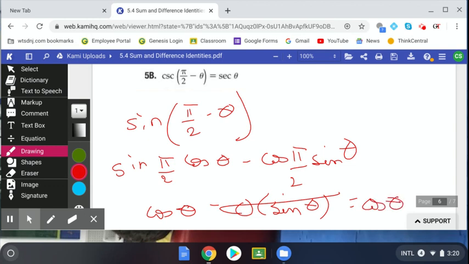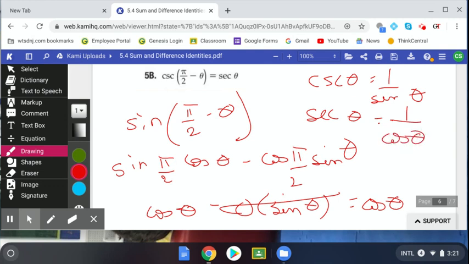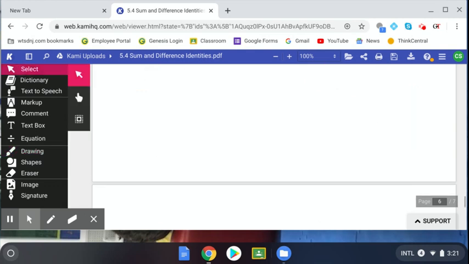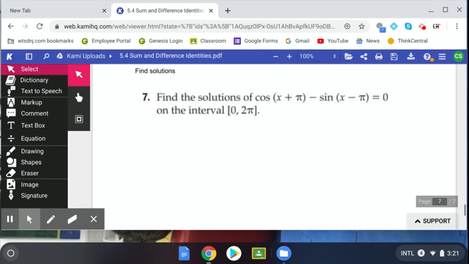So the reciprocal, since cosecant theta is 1 over sine theta, secant theta is 1 over cosine theta. Then I can go ahead and show that I verified that identity. And then the final problem asks you to find all the solutions to that equation in that interval.